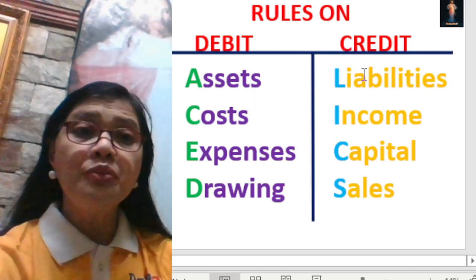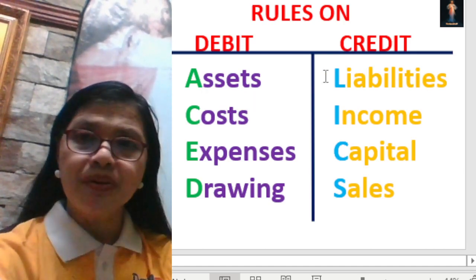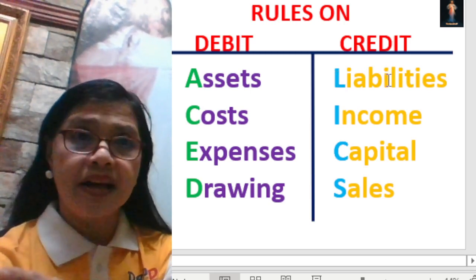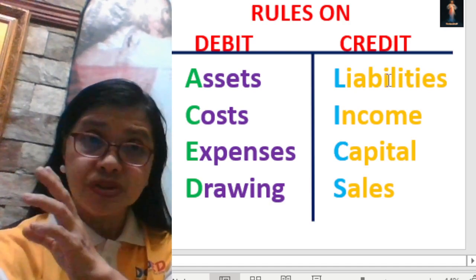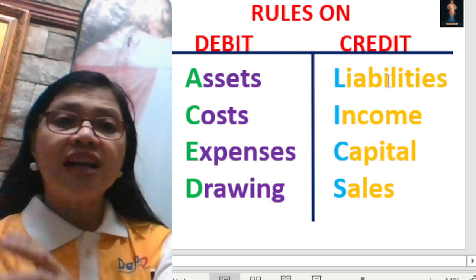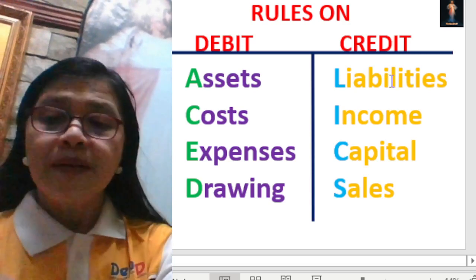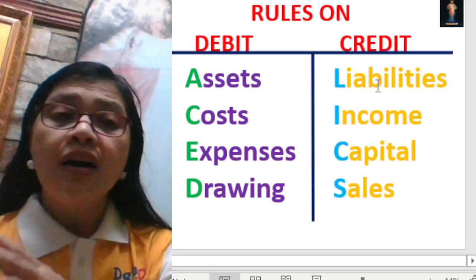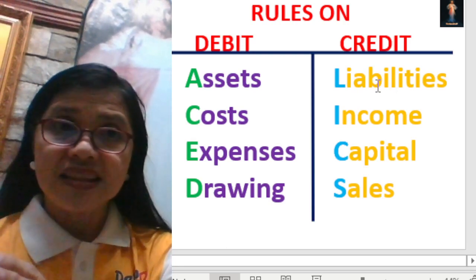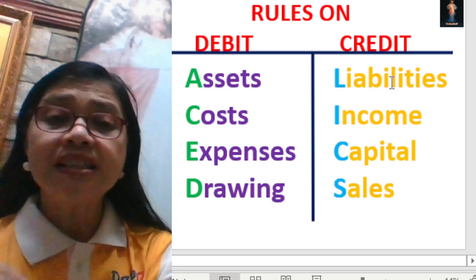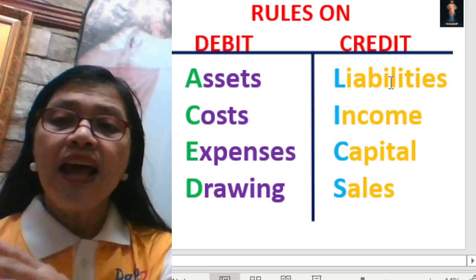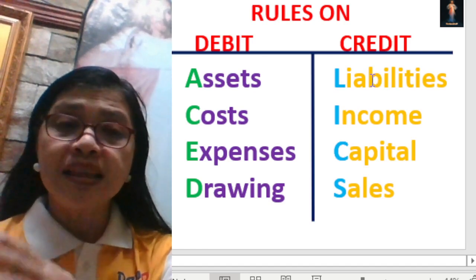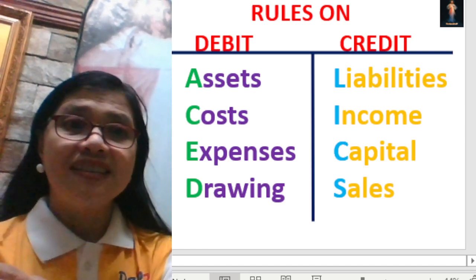Your liability will be decreased. Very good. Take note, liability has a normal credit balance. If you will reduce your liability, you will do the opposite. That means you debit it.